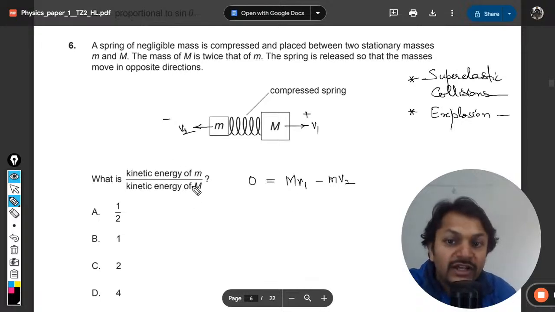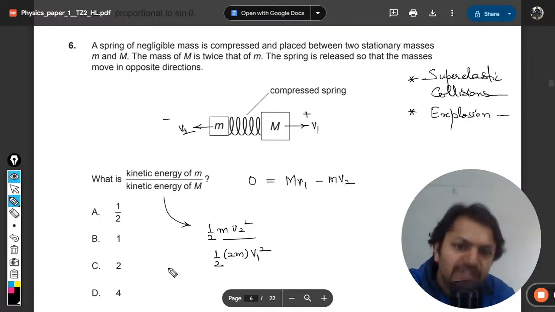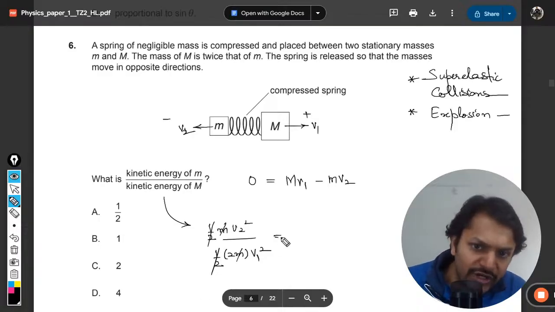And what is the ratio of the kinetic energy here? This can be written as half m v2 square divided by half capital M, which is 2m, into v1 square. This is the ratio that we want to find. Half and half get cancelled out, m and m also cancel out. So the ratio that we want to find is v2 divided by v1 whole square.